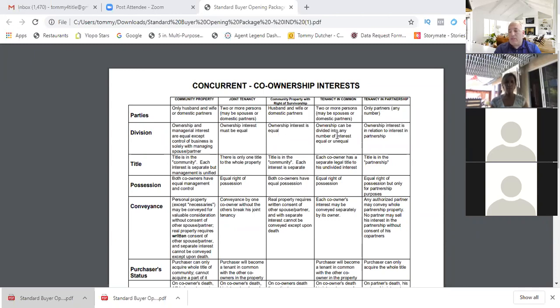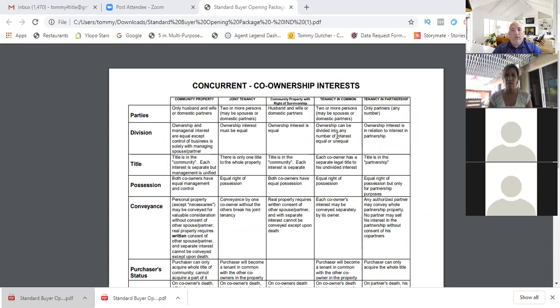So let's talk trust real quick because it's extremely important. I get probably a call every couple weeks in regards to a situation that happens when a family member may pass away, and another family member is wanting to sell the property to help pay for medical or something, or they just want to sell the property, and the property is not in a trust.